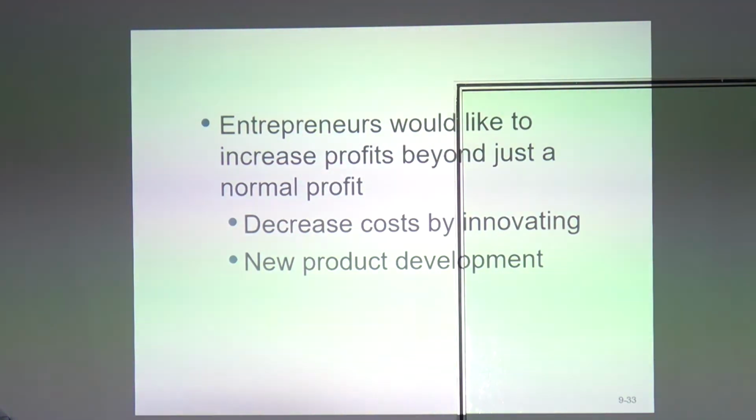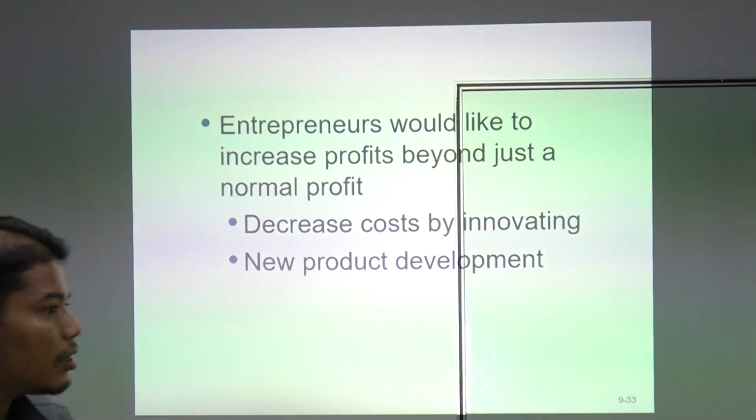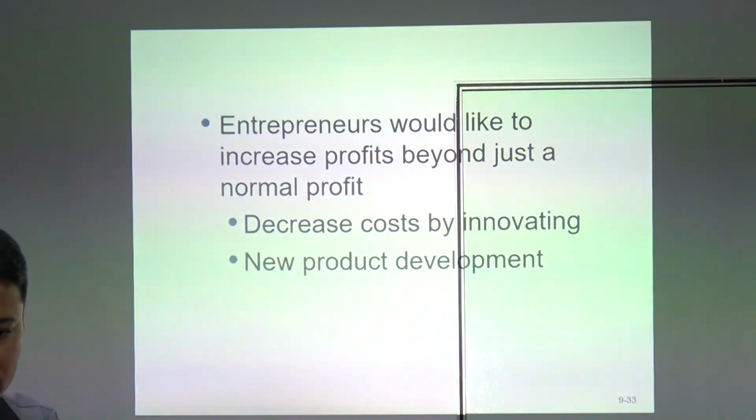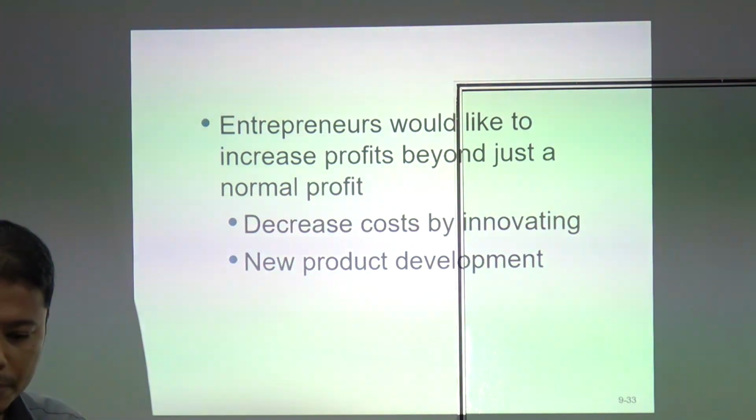So technology and product innovation are ways to maintain customers, cut down costs, and increase profit. I think these are all the things that I need to cover for pure competition. We will continue later with other market structures.